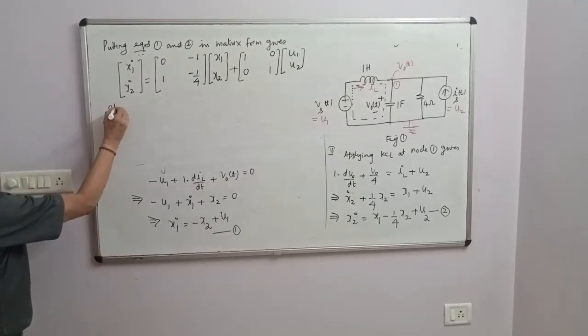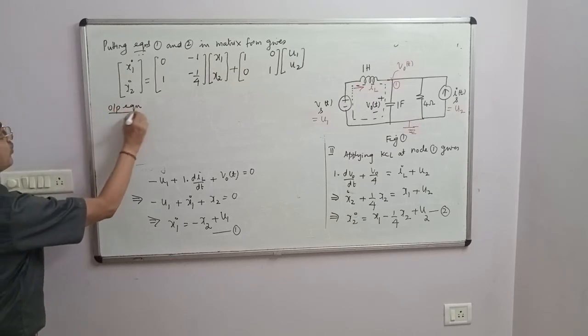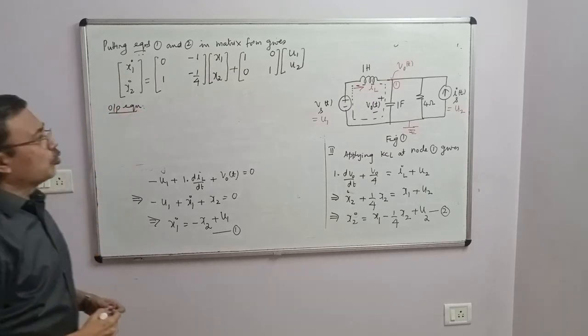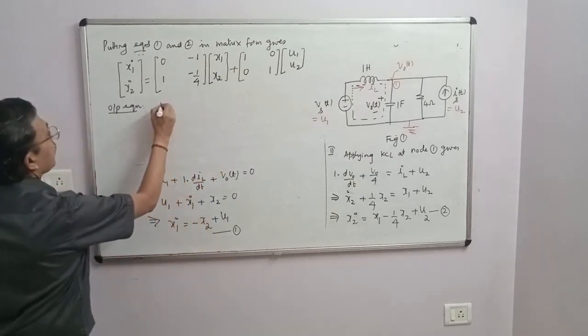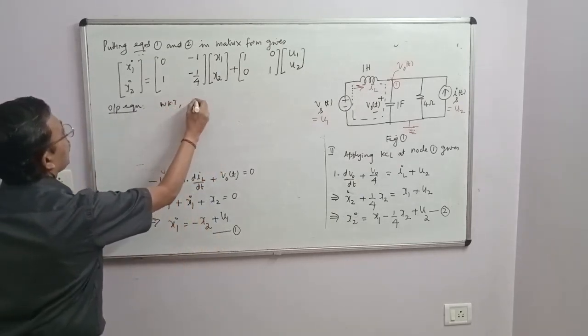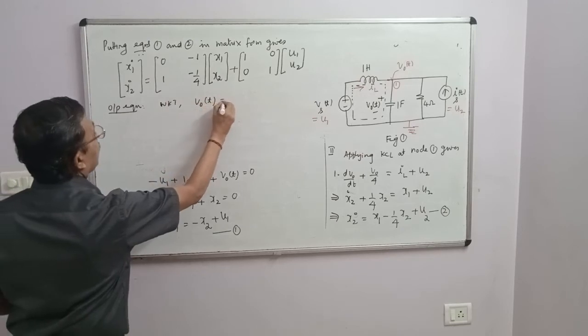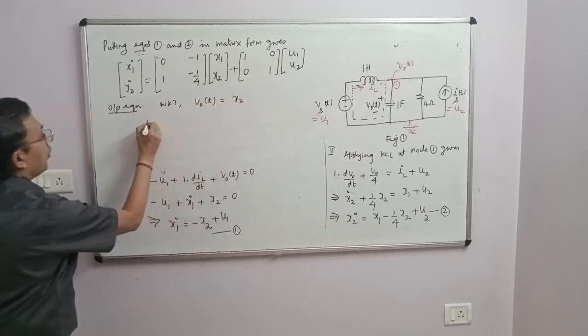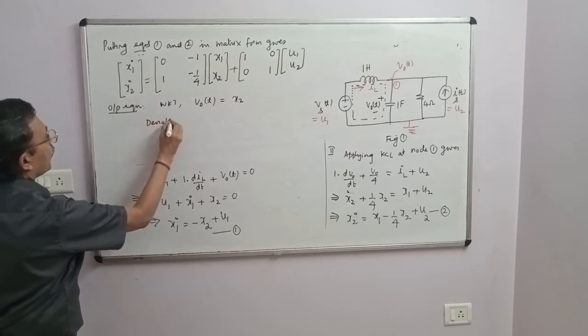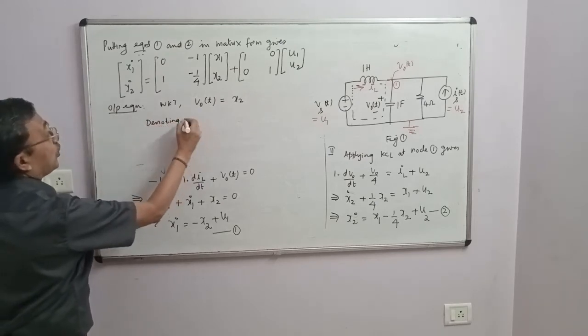Output equation also I will write. What is the output? Output is V naught. So V naught of t, we know that V naught of t is x2. V naught of t is also the output.